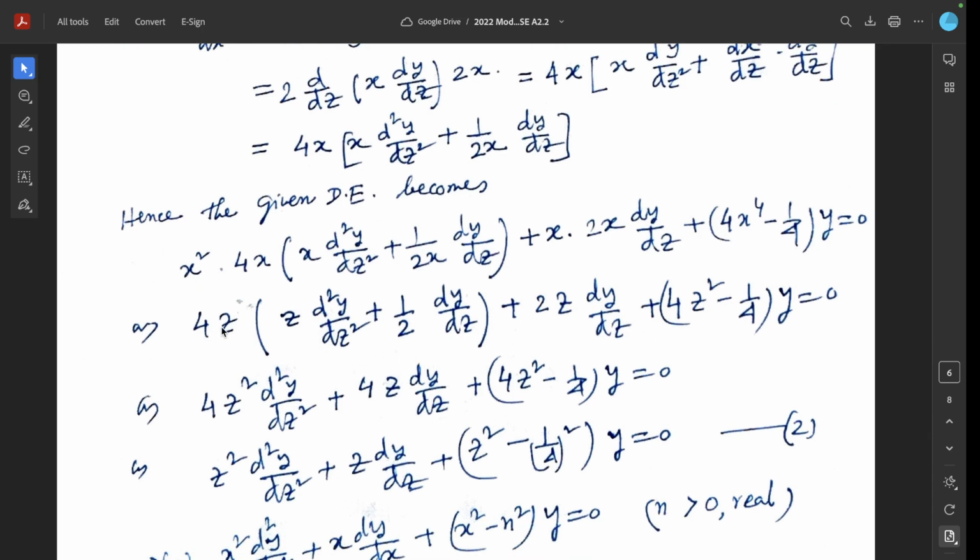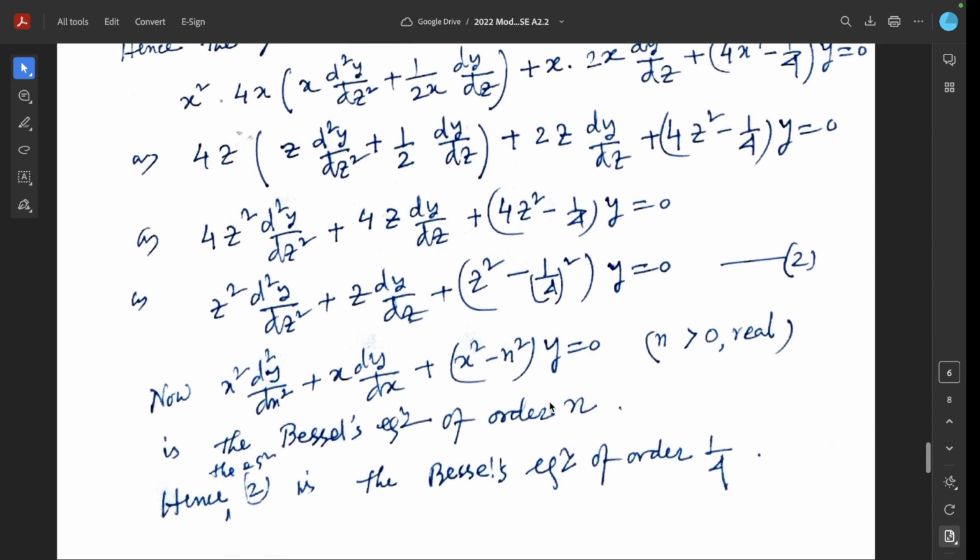So we find 4z (z d2y/dz square plus 1 by 2 dy/dz) plus 2z dy/dz plus (4z square minus 1 by 4) y equal to 0. After simplification we get z square d2y/dz square plus z dy/dz plus (z square minus (1 by 4) whole square) into y equal to 0.